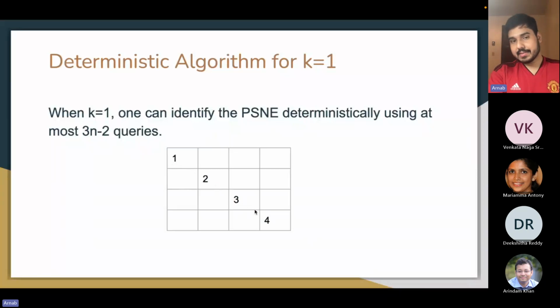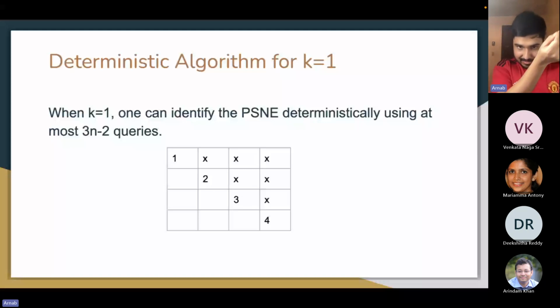If you query diagonally, say 1, 2, 3, 4, if these are the values that you saw, then you can immediately rule out a lot of elements which cannot be the PSNE. You can rule out all these cross-marked elements, and they will never be PSNEs. The reason is that for a PSNE, an element has to be the least in its row and highest in its column. But how can an element be more than 2 and less than 1? That's not possible, right? This is the entire logic behind the algorithm.